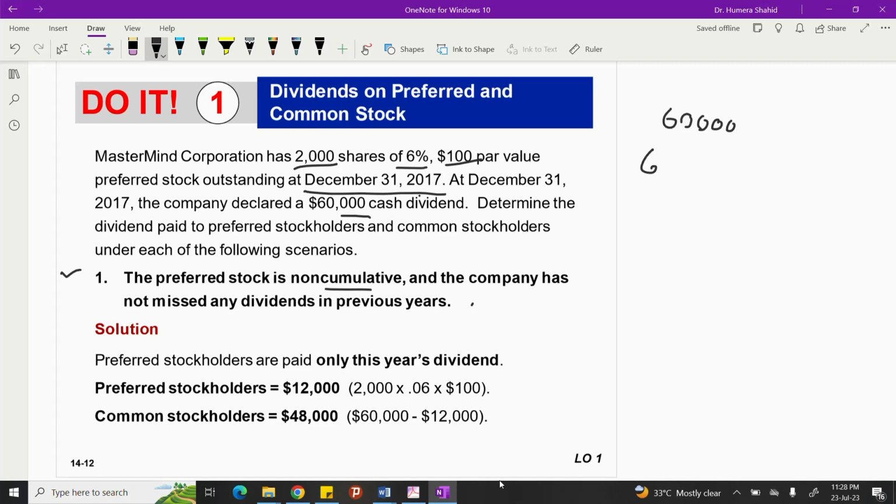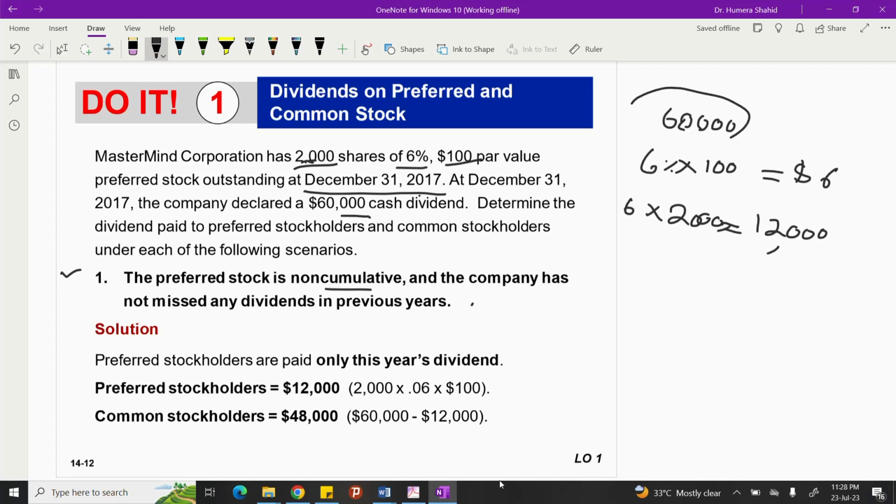Okay. Let's calculate the dividend which is for preferred stockholders. So 6% of 100 is $6. How many shares? 2,000 shares. So 6 multiplied by 2,000 is equal to $12,000. This is the dividend preferred stockholders want. Do we have it? Yes, the declared dividend is 60,000.